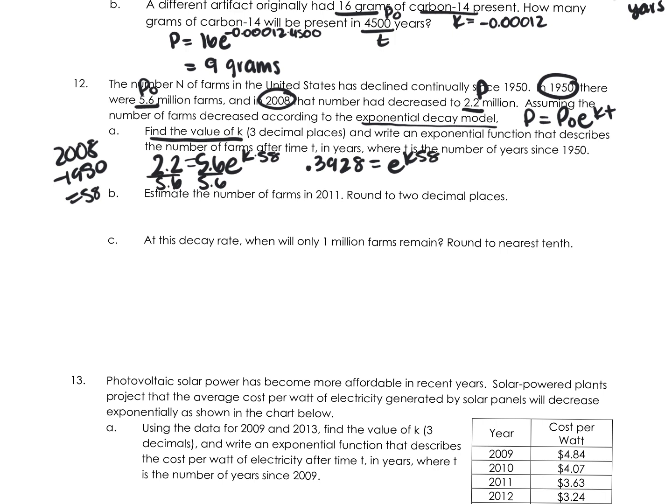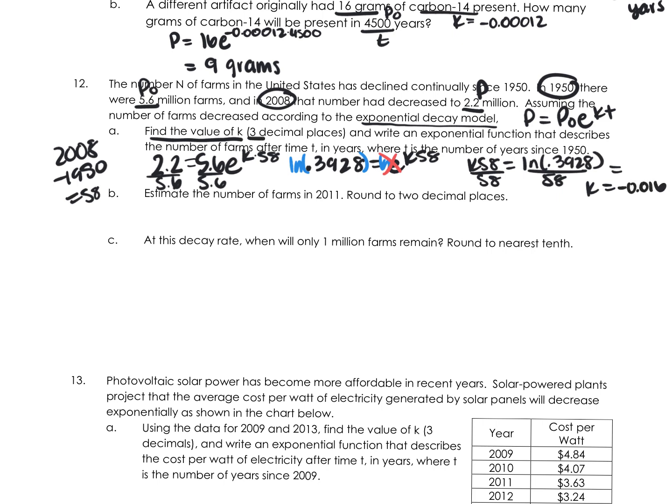And then we'll ln both sides. And then we'll have k times 58 is equal to ln of 0.3928, and we'll divide by 58. And we'll get k is equal to negative 0.016.